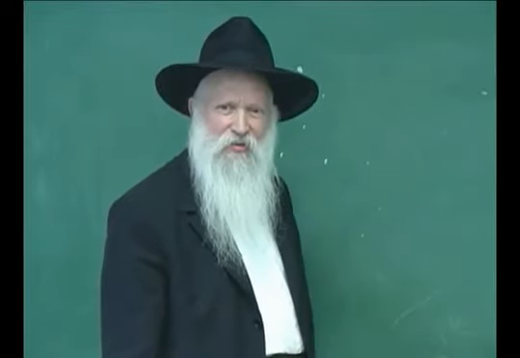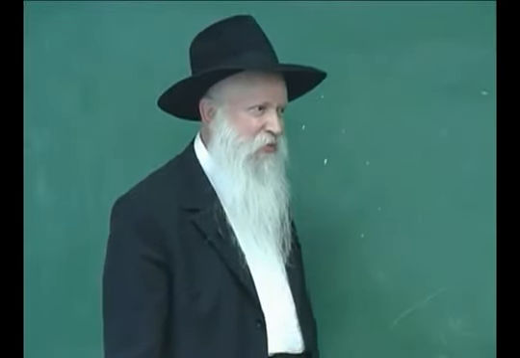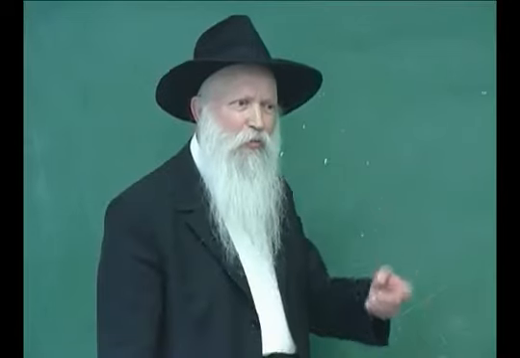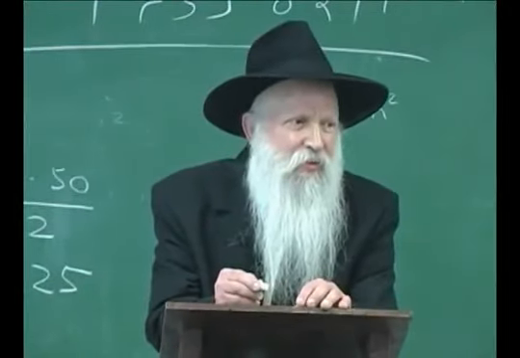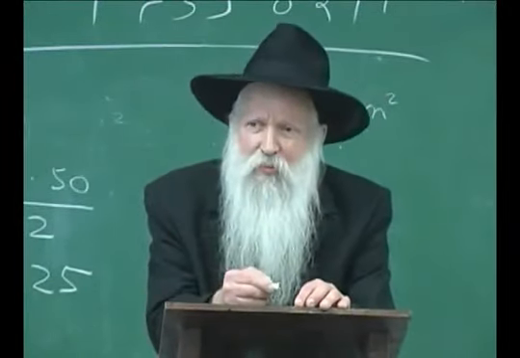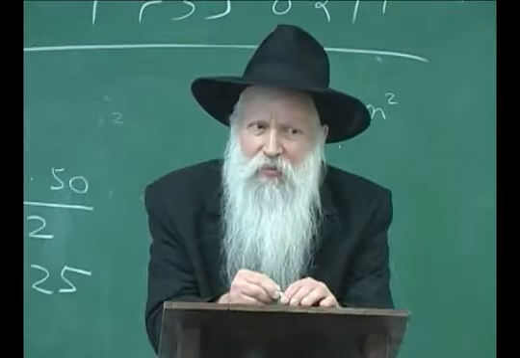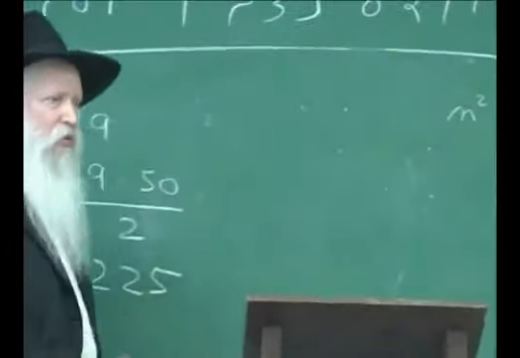Now probably no one knows, is this a square number? You have to have a calculator to see if it has a square root. This is a square number. It's 35 squared. 35 times 35.